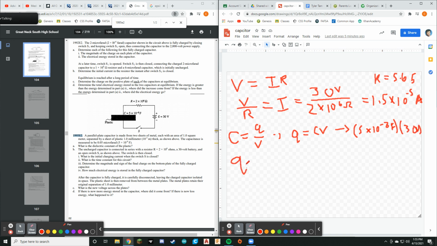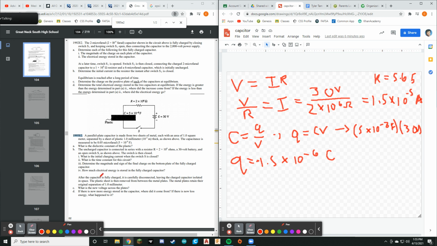And so the magnitude of the charge is going to be 1.5 times 10 to the negative 6 coulombs. And to find the sign, we see the bottom plate is hooked up to the negative terminal of the battery, so the sign is negative.